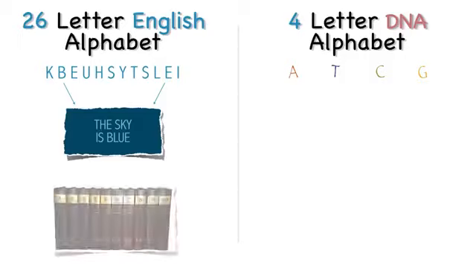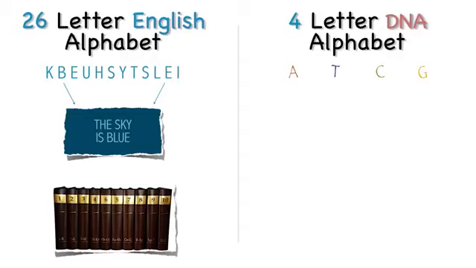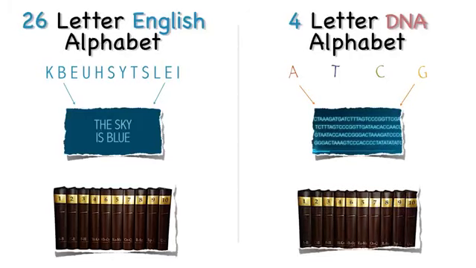Intelligently arrange many books, and we have a complete set of encyclopedias. In the same way, the four DNA letters A, T, C, and G, when just laid out randomly, have no real meaning. But when they are intelligently arranged in a specific way, they create a complex message that is used to encode specific instructions for building and replicating all living things.